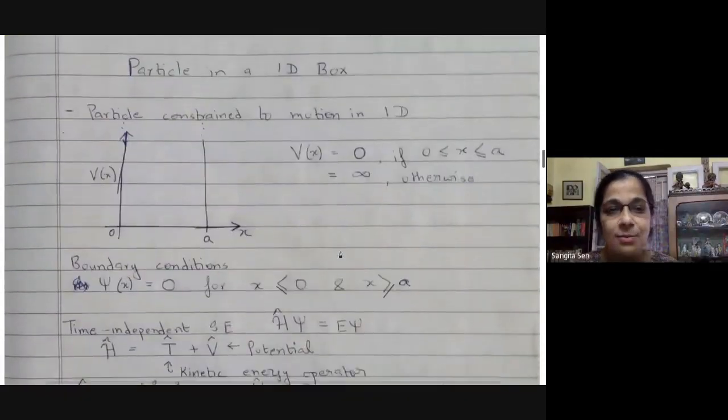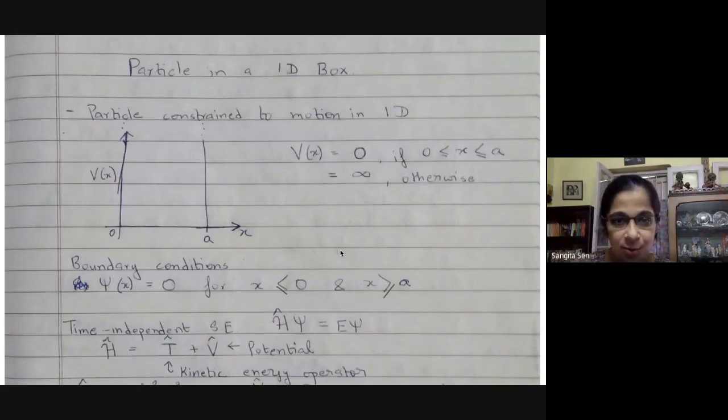Okay. Now we will do something very simple. We will constrain this free particle with two infinite potentials at 0 and a. So the particle can only move in one dimension. It is forced to move along, let's say, the x-axis between 0 and a, and these are infinite potential walls which it cannot cross.